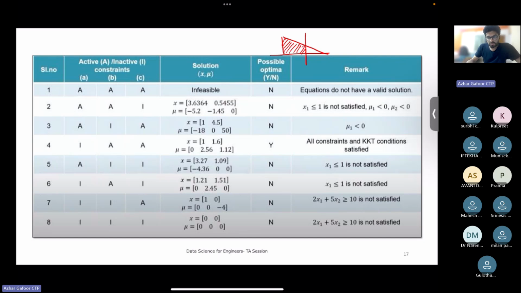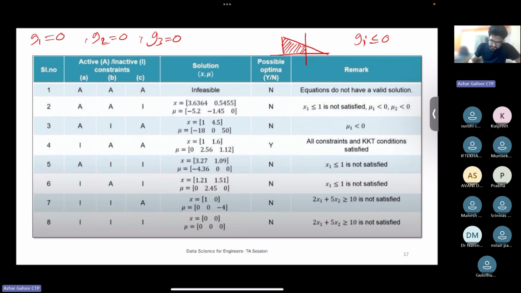All the constraints being active means all the inequality constraints are equal to equality constraints. That is, we had g_i <= 0, which we have converted into this form. But let's say the first constraint g1 is active, in the sense g1 has to be equal to 0, or the second constraint g2 is active, has to be equal to 0, and g3 has to be equal to 0. If this is satisfied, we say that all the constraints are active.